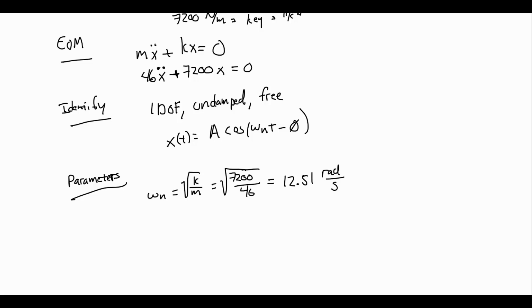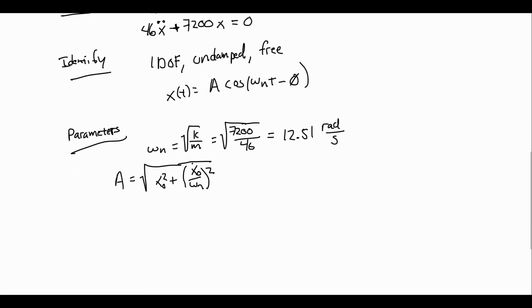And the other parameter I'm going to need is the a, but again, that will depend on my x naught, which I'll determine in a second, and my x dot naught. The a, as we saw before, is going to be calculated using the square root of x naught squared plus quantity x dot naught over omega n, squared. And we know how to find the phi as well once we have our initial conditions sorted out.